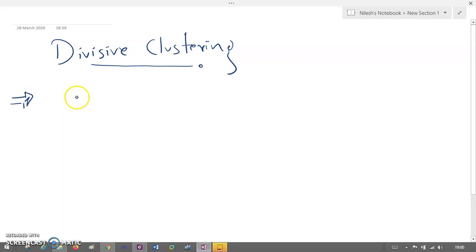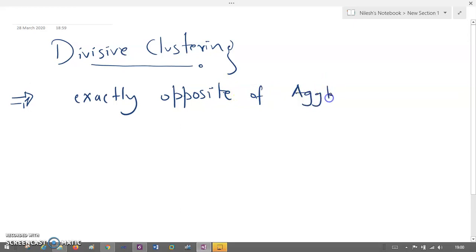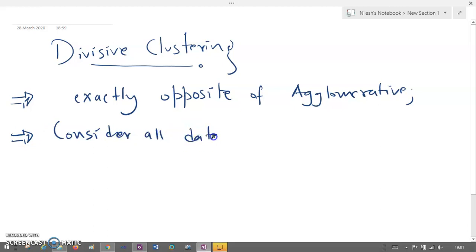It is exactly the opposite of the agglomerative technique. Consider all data points as a single cluster and not individual clusters. This is also a difference. Single cluster, okay.